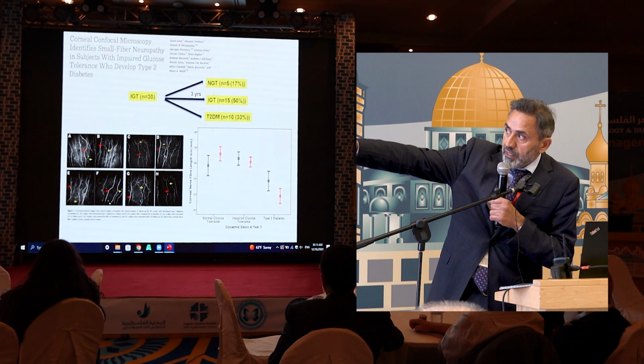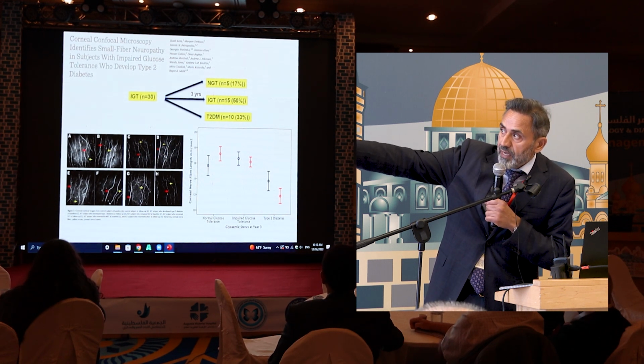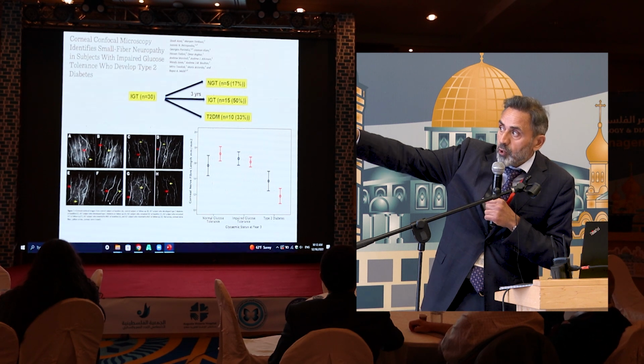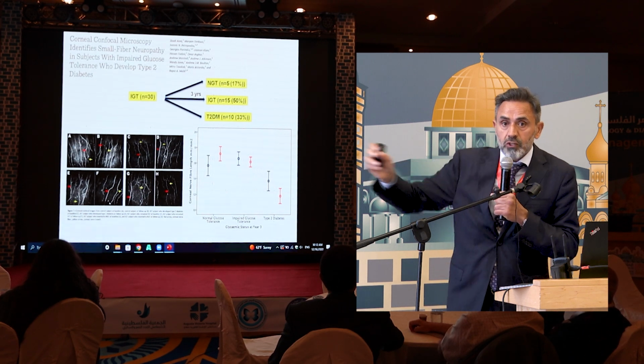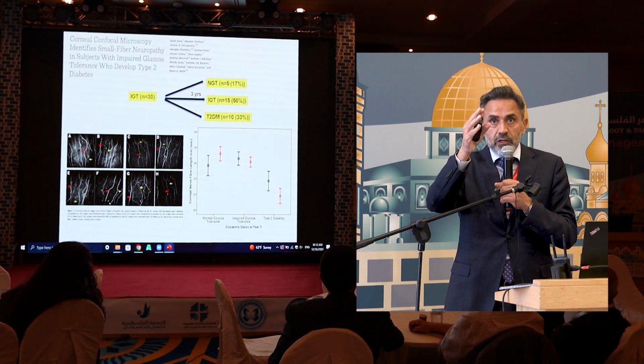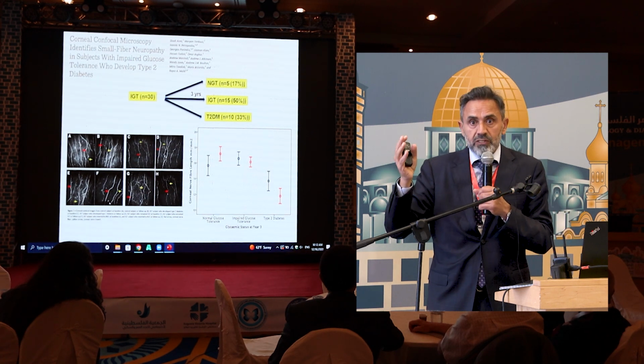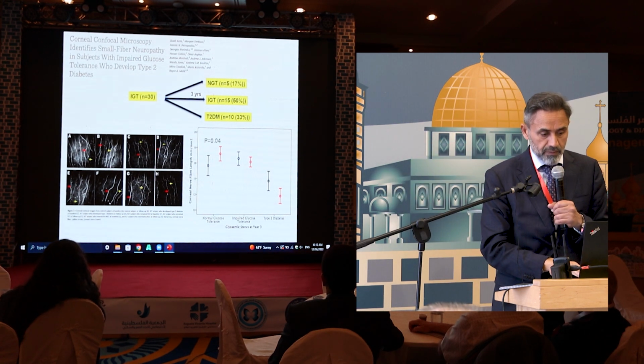You can see that the people who developed type 2 diabetes actually had fewer nerves to start with, but also they lost more nerves. So in a way, I could measure the corneal nerves now in a patient with impaired glucose tolerance, and I could predict that person who will go into type 2 diabetes as opposed to that one that won't.